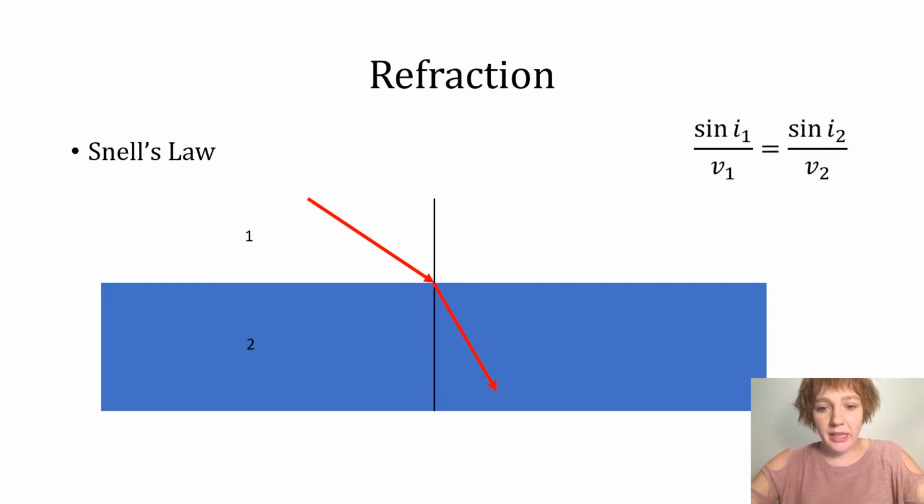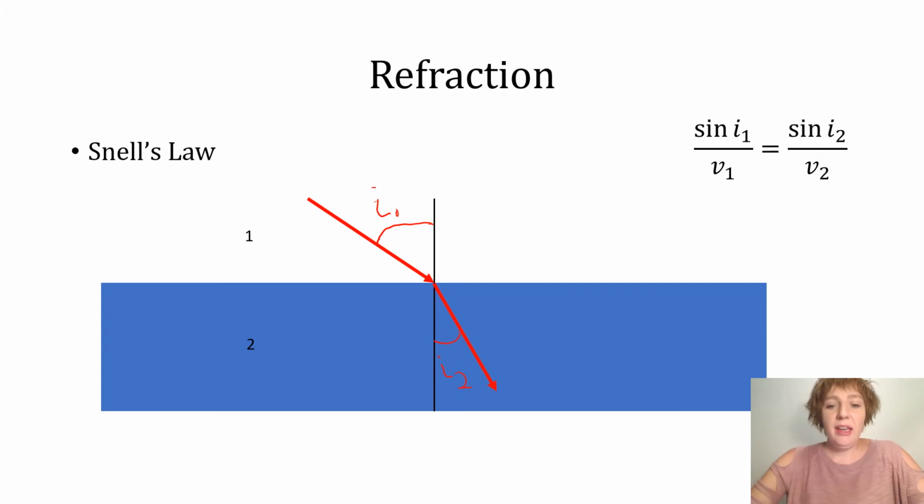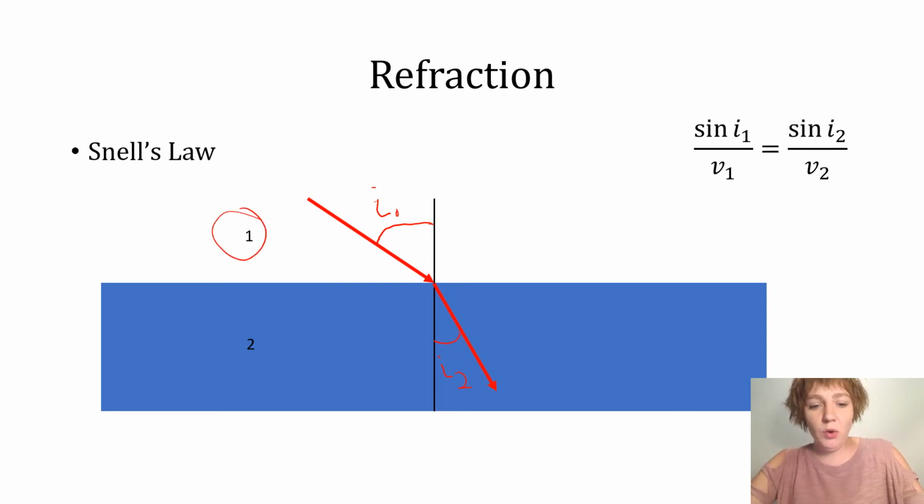So here is another example, and in this case you want to look always at the incident angle and the angle of refraction. So this would be I1 and this would be I2. And can you tell me which material has the higher wave velocity? Is it material 1 or material 2?